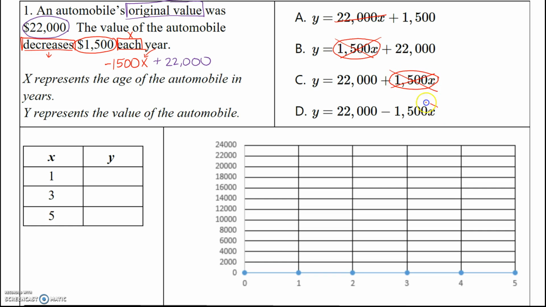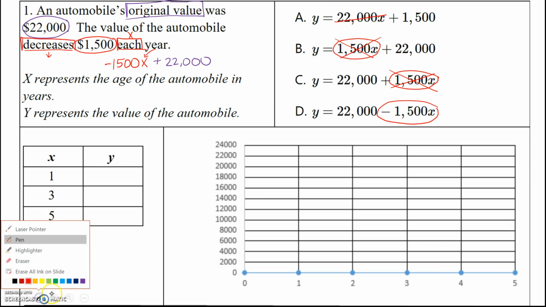So now let's go with this one. Is this negative? Yes, because the sign right here before the number belongs to the number right after it. So I have minus 1,500x. So don't get fooled just because it's written in a different order. Okay, that's okay as well. So I can just change the order.